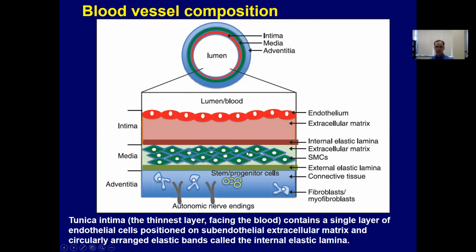Smooth muscle cells is what it's made up of. And then you have the adventitia or the externa, which gives the vessel itself its integrity. Make sure again that you have a good understanding, especially of the tunica intima here, because this is where a lot of what we're going to talk about in lesson 2, where the plaque builds up.